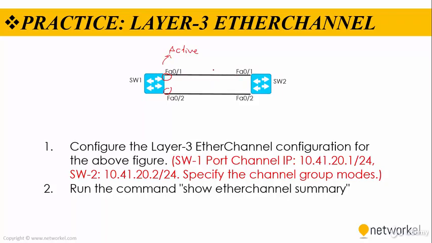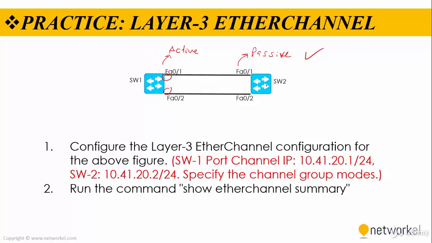Remember that to create an Etherchannel between these two devices, I need to choose a proper channel group mode for the other side too. So, for example, if I choose the passive mode for this side, I can also create an Etherchannel, because I choose the active on this side.